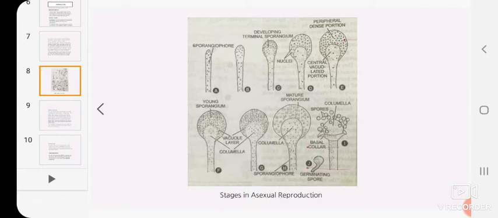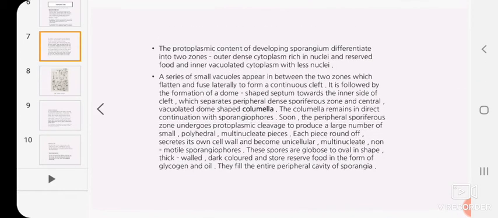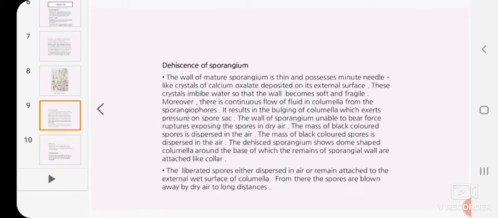And whenever they get suitable substratum, and they get favorable temperature and moisture, which are the conditions required for the spores to germinate, then they absorb moisture and start germinating and produce small hyphae and lead to formation of a new mycelium. So this is all about the asexual reproduction.